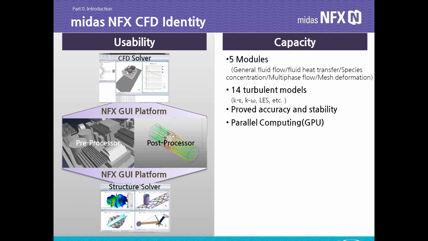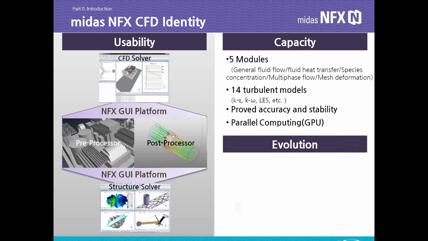And we now have parallel computing with the GPU, which is a new feature of NFX 2014 R2, so computing big models will be much faster. NFX is also software which is evolving very fast. Every year and every 6 months we add new features, so you'll have a more efficient solution.